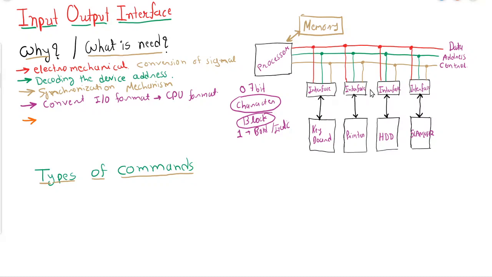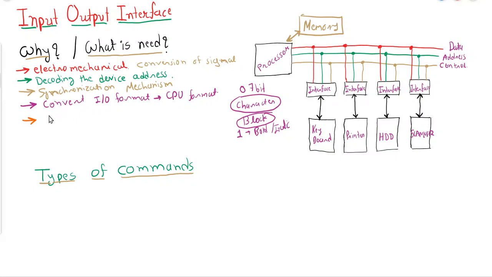The operating modes of peripherals are different from each other, meaning the way the devices work is different for each device, and it must be controlled so as not to disturb the operation of other devices, meaning in parallel we should be able to execute the input output operations.